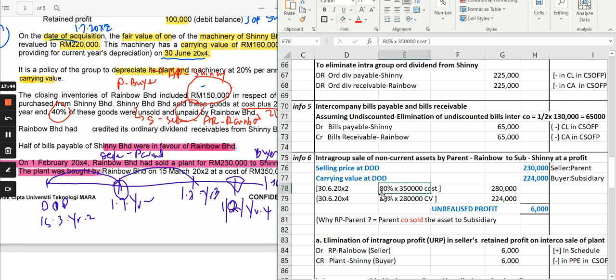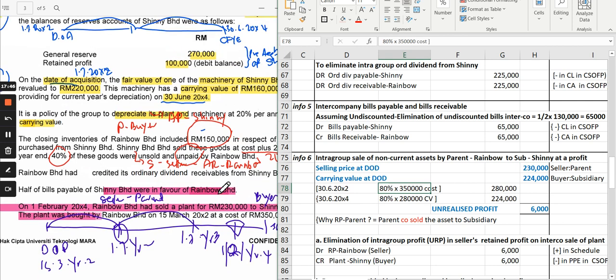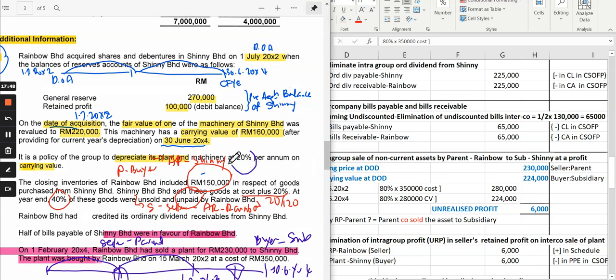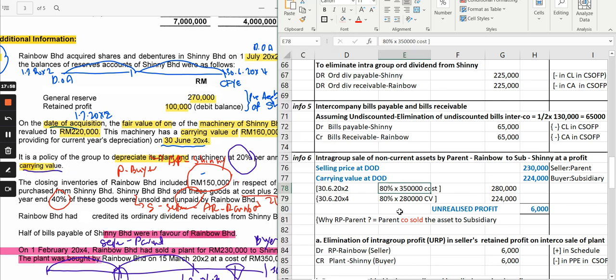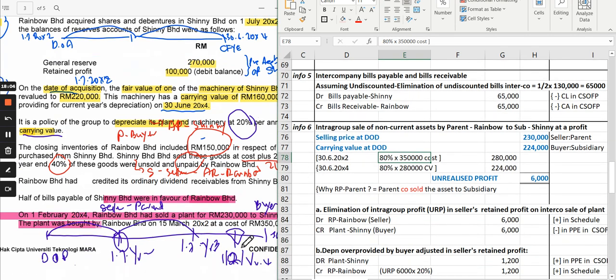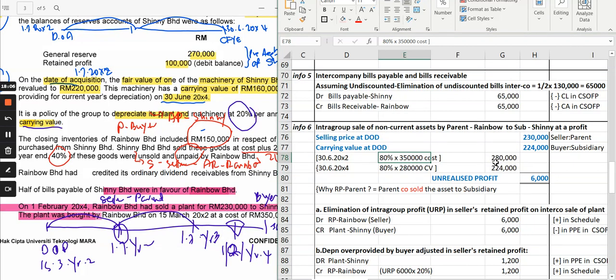You take 80%. Why 80%? Since the depreciation was 20%, so you are using depreciation on reducing balance method, right? So therefore, you need to reduce the cost and find out what the carrying value is.